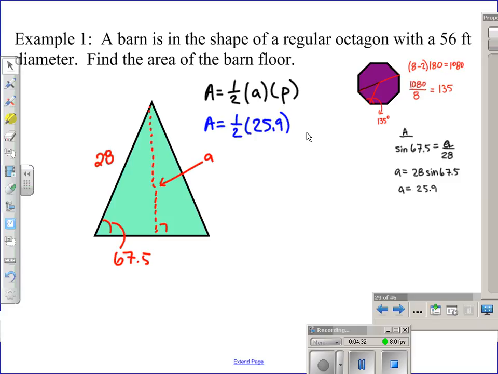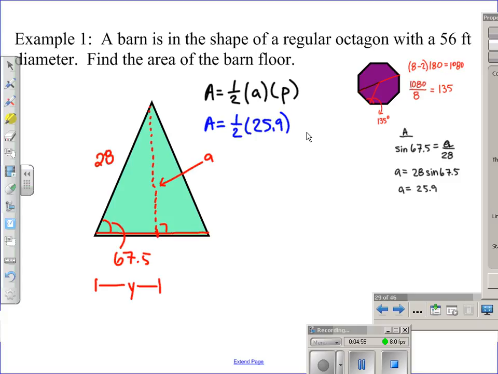To find the perimeter, we're going to be using this part, and there are 8 of those around the octagon. But for this triangle that we have, we're going to need to use half of that. So what we're going to say is that this distance is y. Once we find that y, then we can find the perimeter of our octagon.